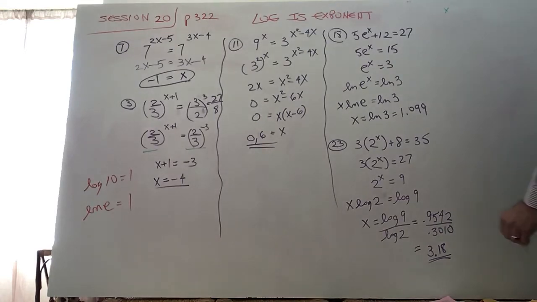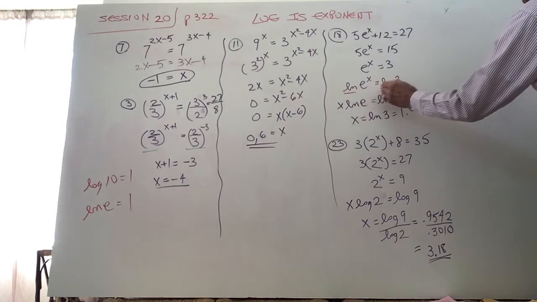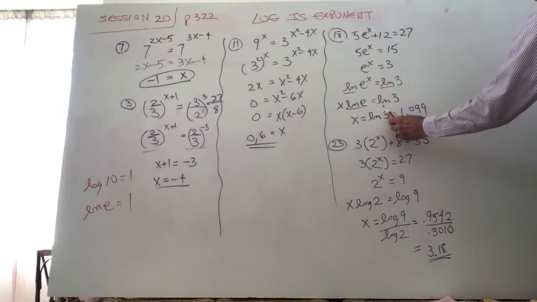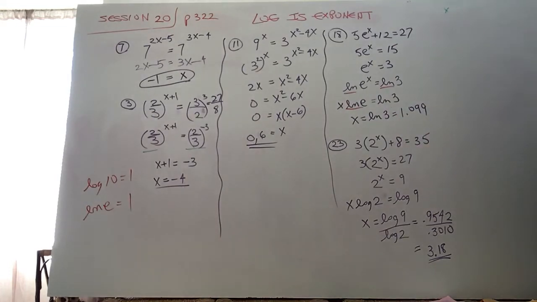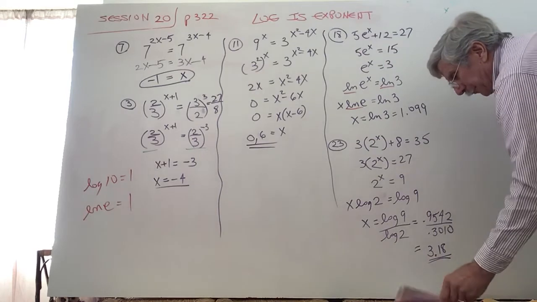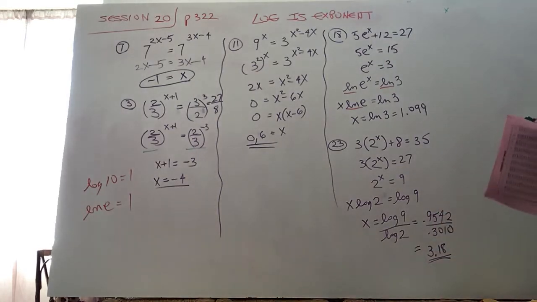We divide by 5, and we'll take the natural log of both sides. Whenever I see e, I'll take the natural log, because I'd like to then proceed to have the x come forward and realize this natural log of e is nothing more than 1. So we're left with x on the left equal to natural log of 3. Again, refer you to your natural log table here. Again, caution you, be careful.